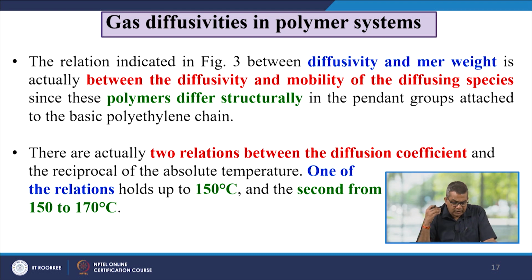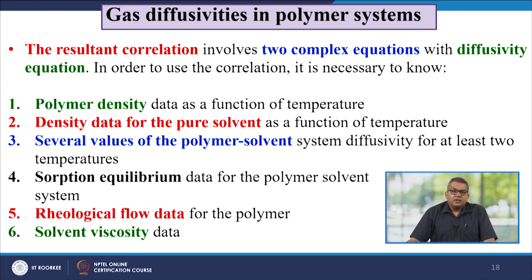Now, there are actually two relations between the diffusion coefficient and the reciprocal of absolute temperature. One relation holds up to say 150 degrees Celsius, and the second is between 150 and 170 degrees Celsius. So, the resultant correlation involves two complex equations with the diffusivity equation.